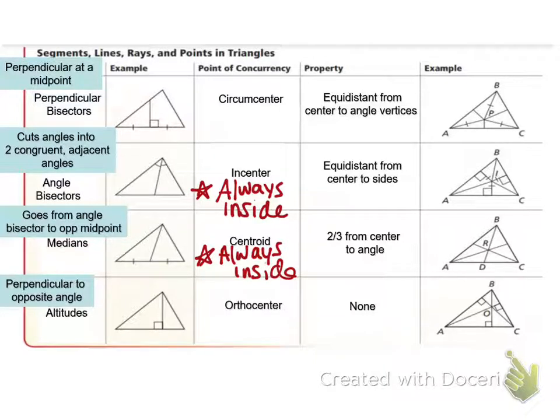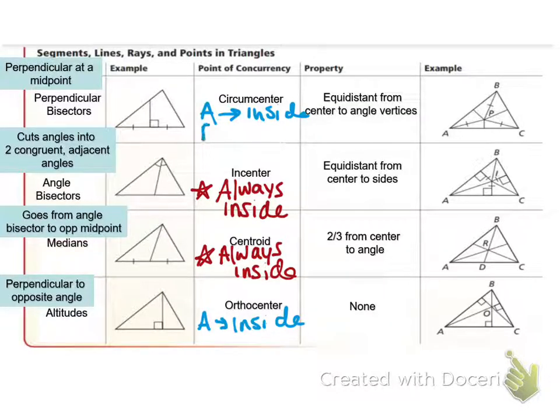Whereas the other two will change based on what kind of triangle it is. So they actually will match. I'm going to write A for acute. If you have room and you want to write acute, I would. But A stands for acute. In an acute triangle, the circumcenter will always be inside of the triangle. The same thing with an orthocenter. They're going to match. So inside.